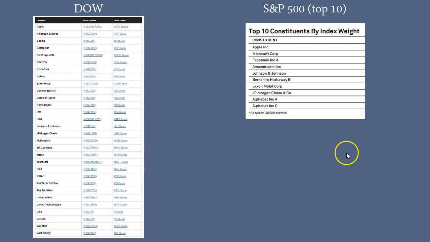The S&P 500, again, is basically the top 500. The names are very similar. The Dow and S&P will be very similar, but the S&P is going to be the top 500. Here are just the top 10. So, Apple, Microsoft, Facebook, Amazon, Johnson & Johnson, Berkshire Hathaway. That's probably one name you don't know, Berkshire Hathaway.